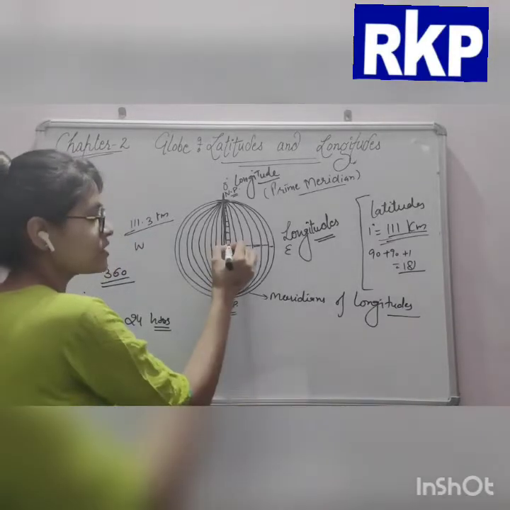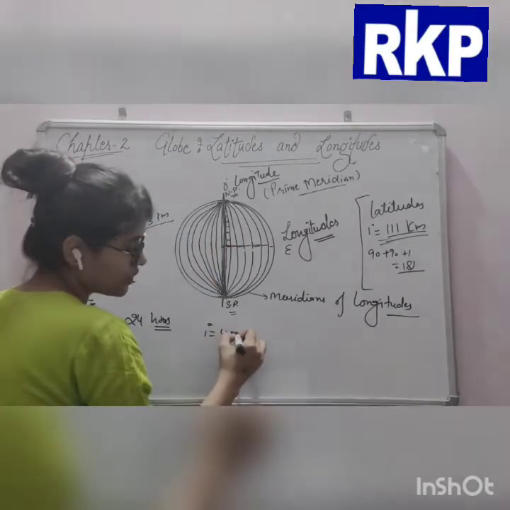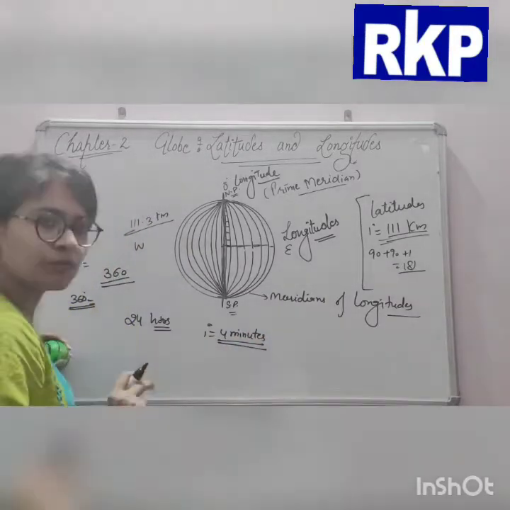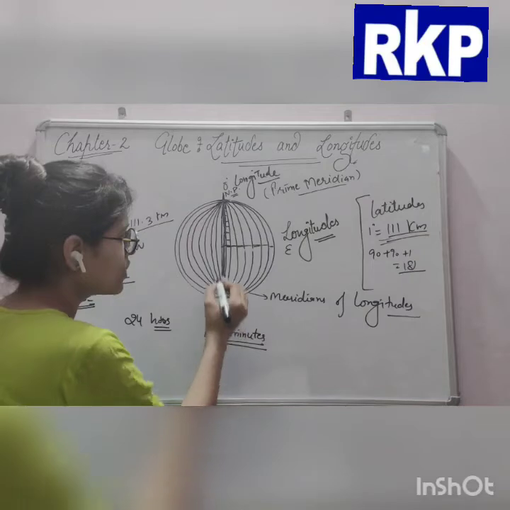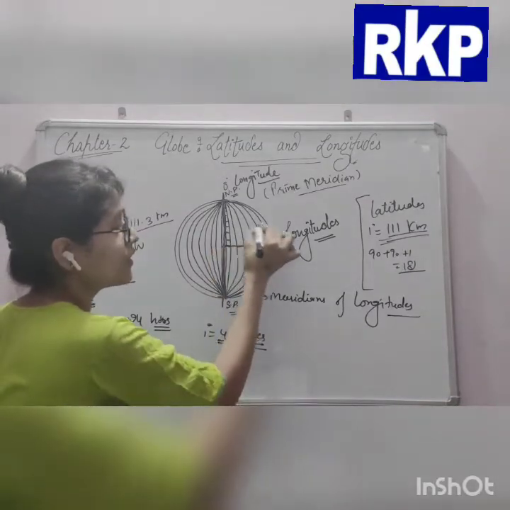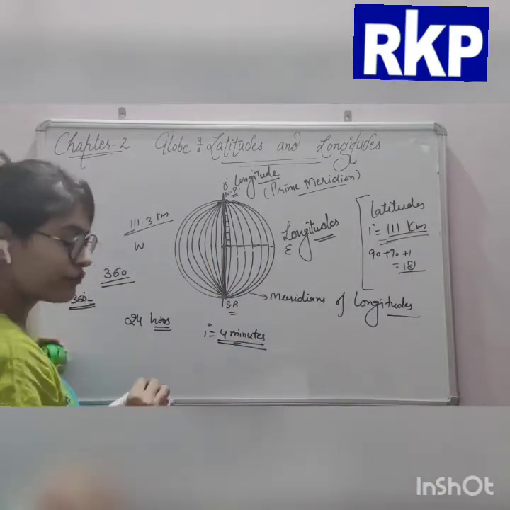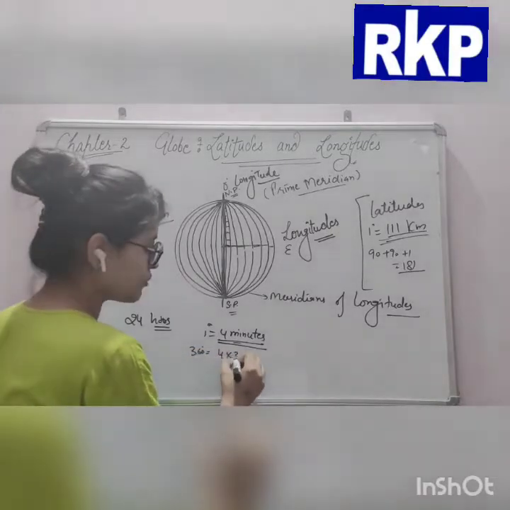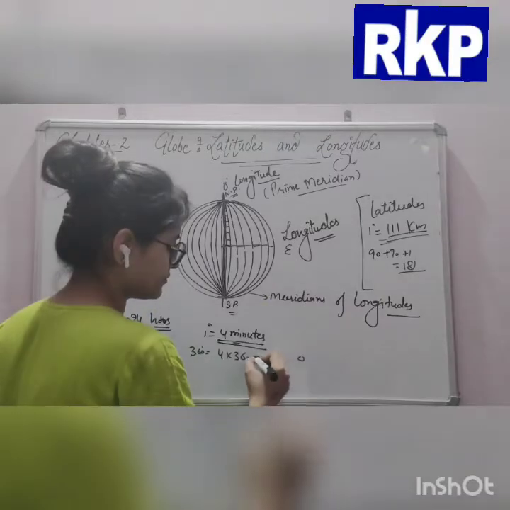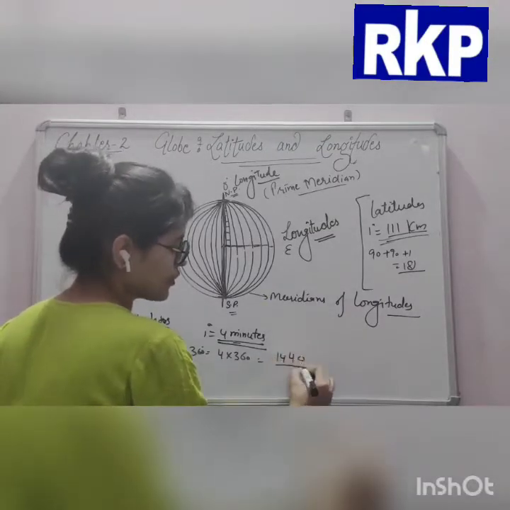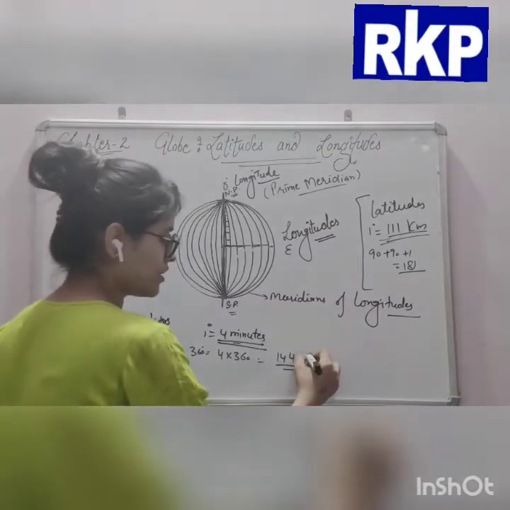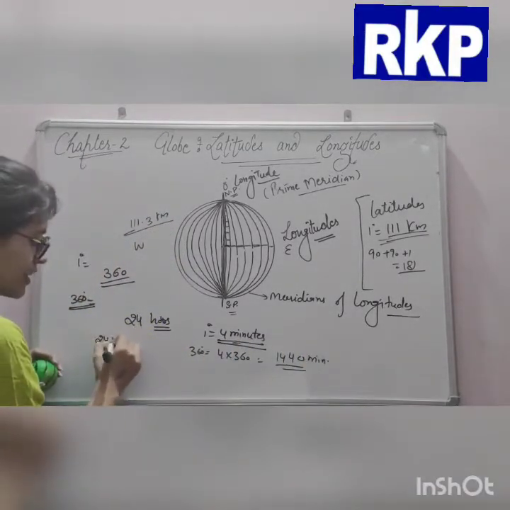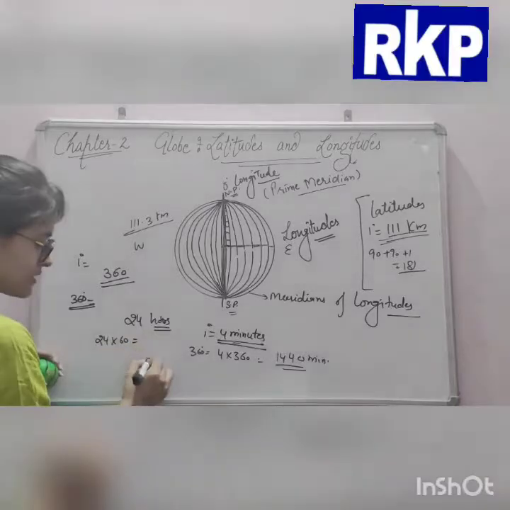On the globe, 1 degree is equal to 4 minutes. Now 360 degree, 4 multiplied by 360 is 1440. These are minutes. Now 24 hours.